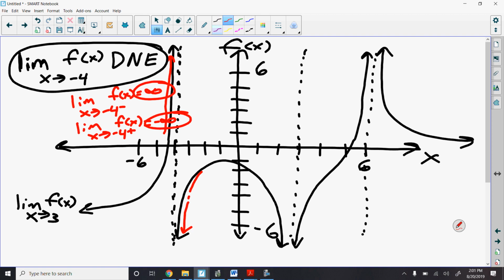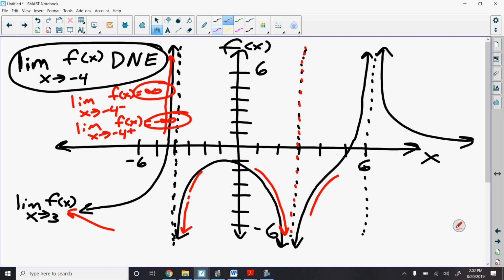When we find x equals 3 on here, this vertical asymptote right here, we should notice something a little bit different. When we think about our left-hand and right-hand limits, again, because there is no superscript, I have to think about both and see if they match. My left-hand limit at 3 is going towards negative infinity.